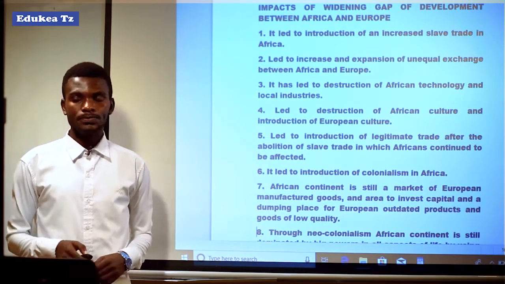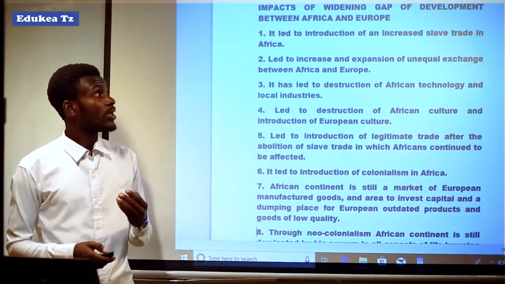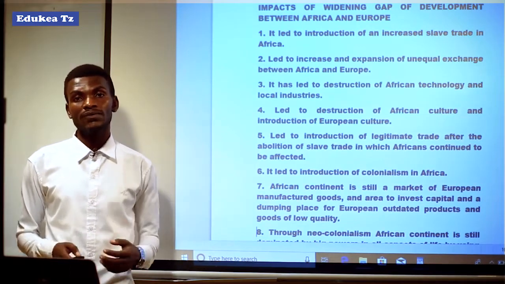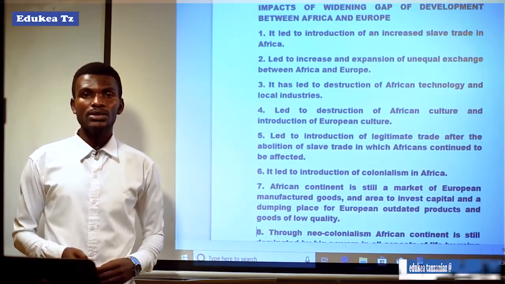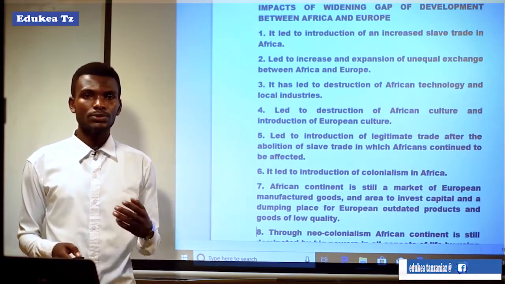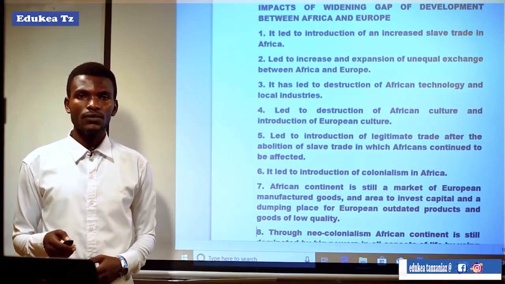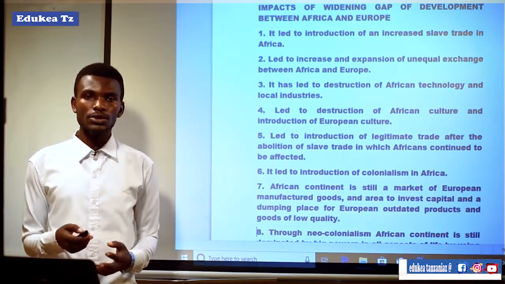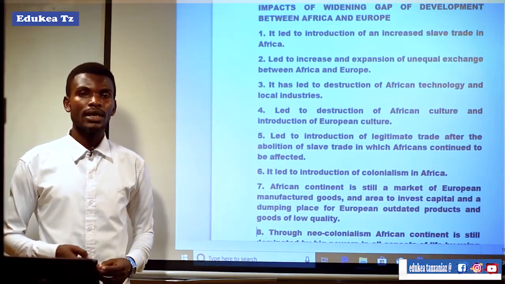It means that the increase and the expansion of unequal exchange between Europe and Africa have continued, because until now there is importation and exportation of goods from abroad to Africa and from Africa to abroad respectively, whereby there is unequal exchange.